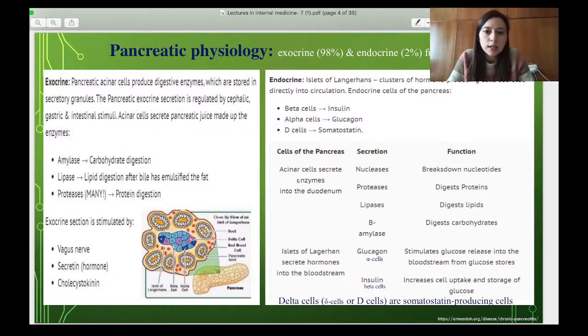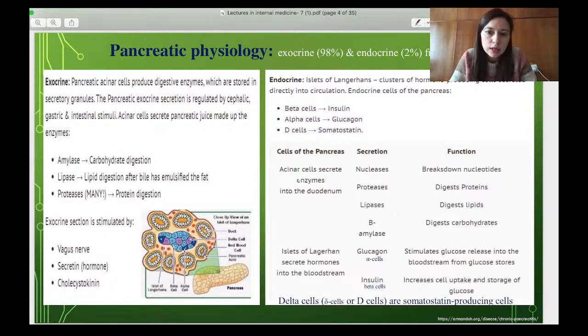And next, the cells of the islets of Langerhans secrete hormones into the bloodstream. What secretion? Glucagon, by alpha cells, and its function is to stimulate glucose release into the bloodstream from glucose stores.